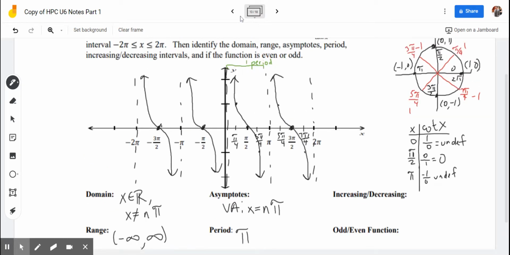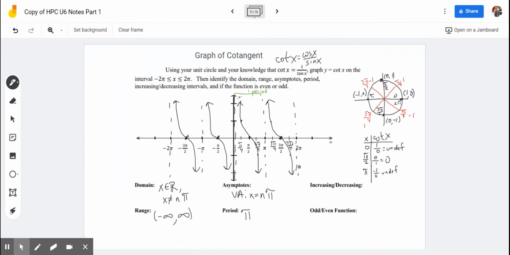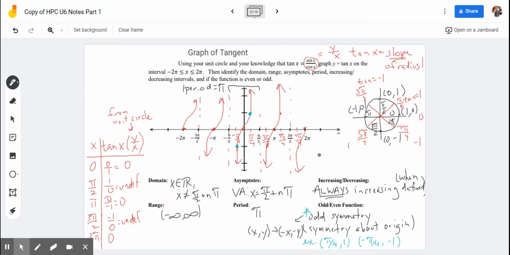The period we saw, similar to our tangent function, is pi. And I'll write a note here that the scale, just like with sine and cosine, you just take your period and divide it by 4. You can do the same thing here.